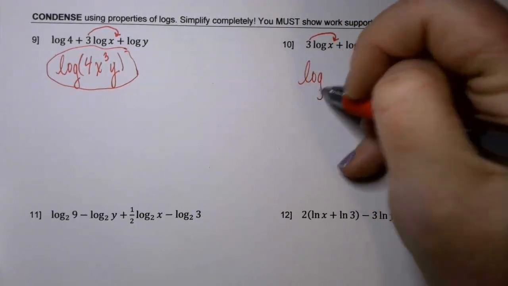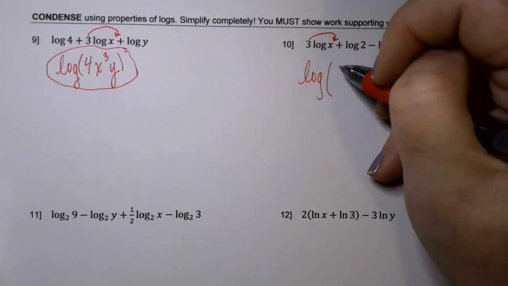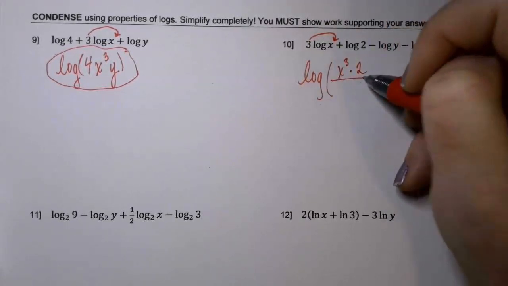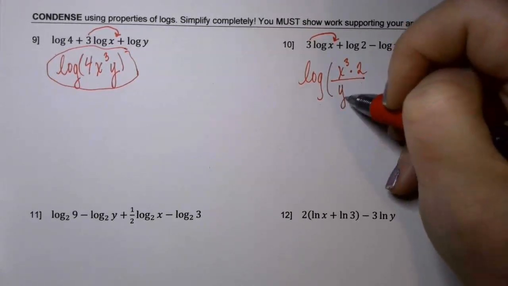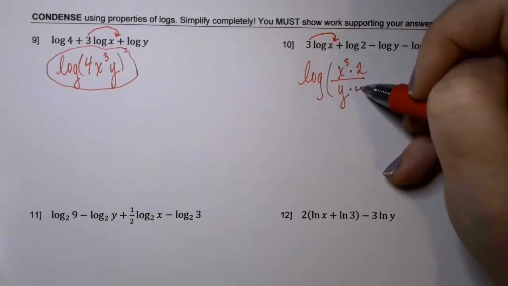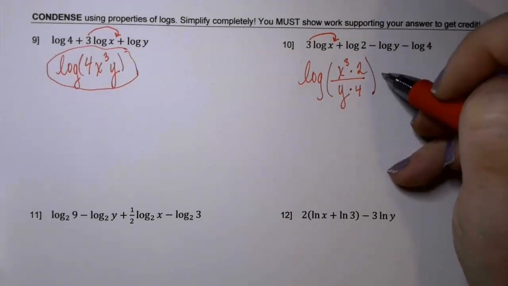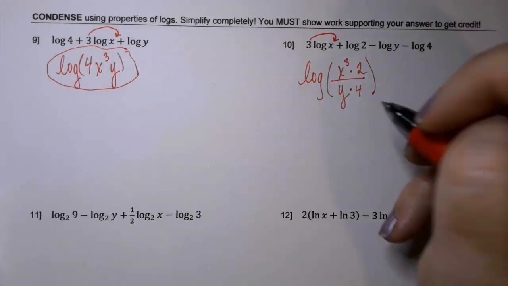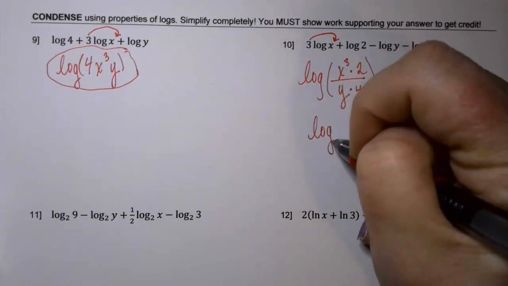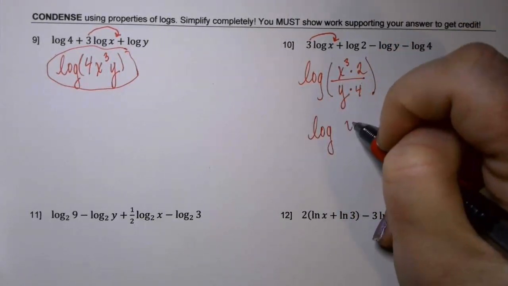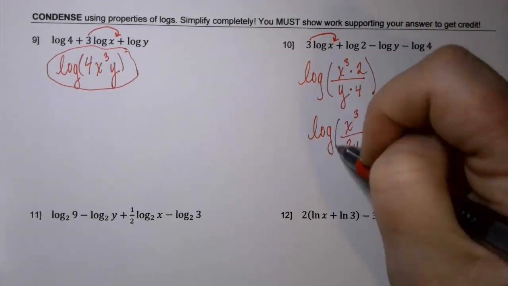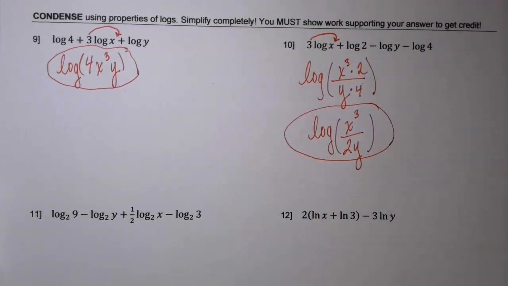So we'll have a common log with a numerator of x cubed times 2. Then in the denominator we'll have a y times a 4, and we can reduce that. 2 over 4 leaves a 2 in the denominator, so this will be a common log of x cubed divided by 2y, and that would be condensed and simplified.